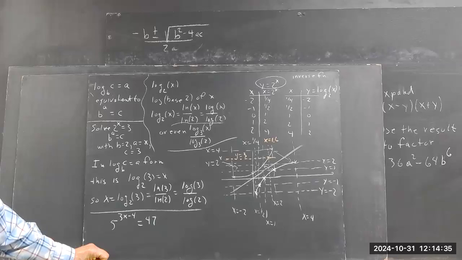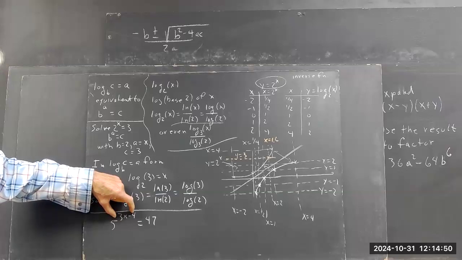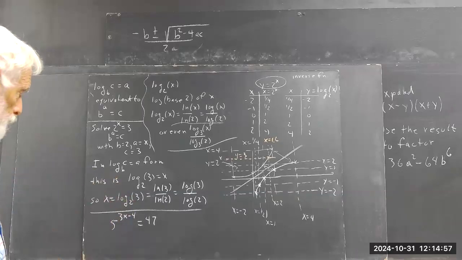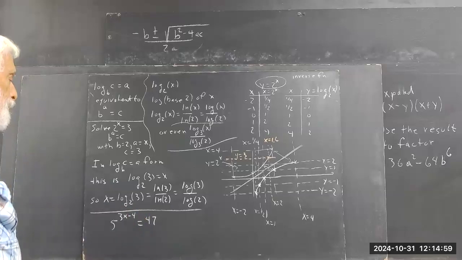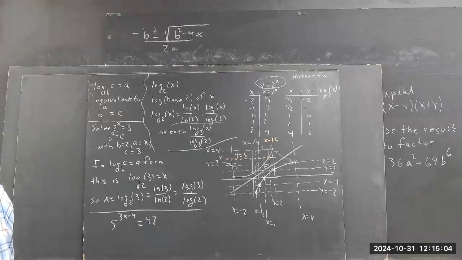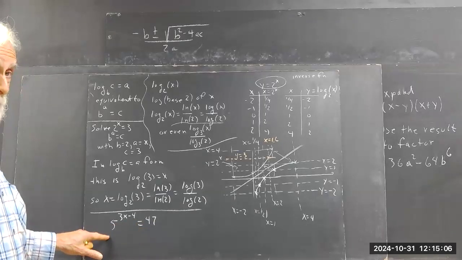Well, it's between 5 squared, which is 25, and 5 cubed, which is 125. So it's probably closer to 2 than it is to 3, maybe around 2.2. So this 3x minus 4 would be somewhere between 2 and 3, maybe around 2.3. When possible, you should give it that sort of thought. 47 is not that high a power of 5.